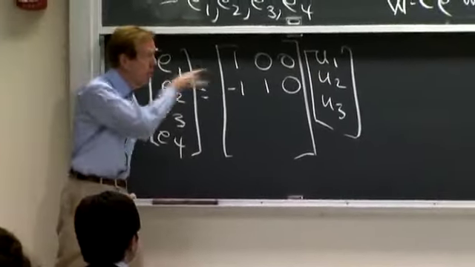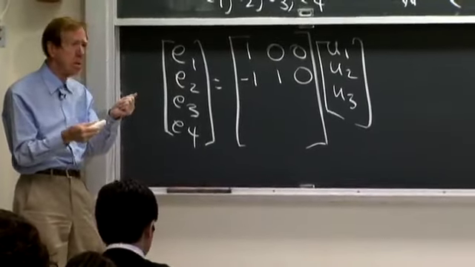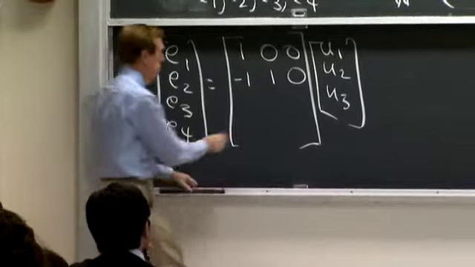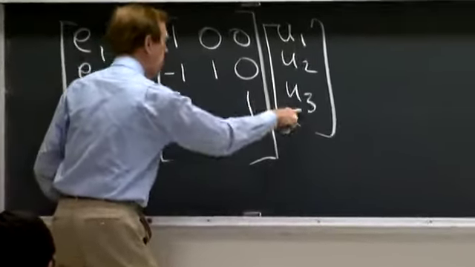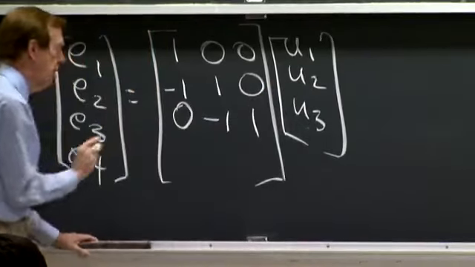The stretching in the third spring is U3 minus U2. So I need a 1 for U3 and a minus 1 for U2. And the stretching in the fourth spring?